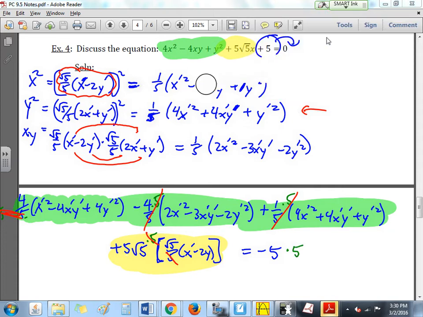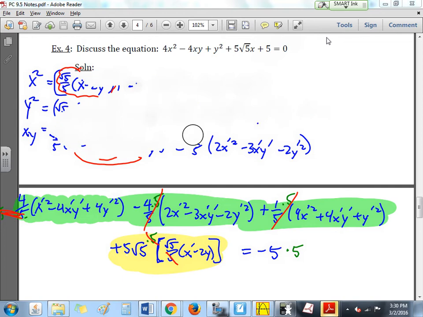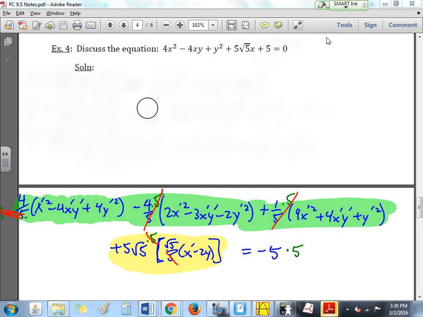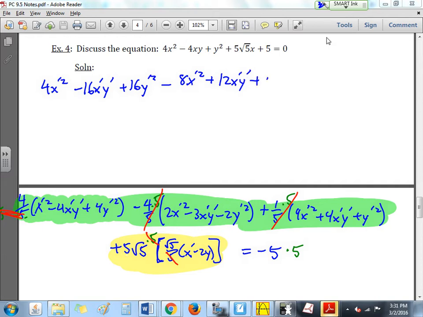I'm going to erase the stuff at the top because I don't need this anymore. In fact, I'm going to write my next line of work above. So now I have 4x prime squared minus 16x prime y prime plus 16y prime squared minus 8x prime squared plus 12x prime y prime plus 8y prime squared plus 4, and this is a 4, I know it looks like a 9, but that's a 4x prime squared.